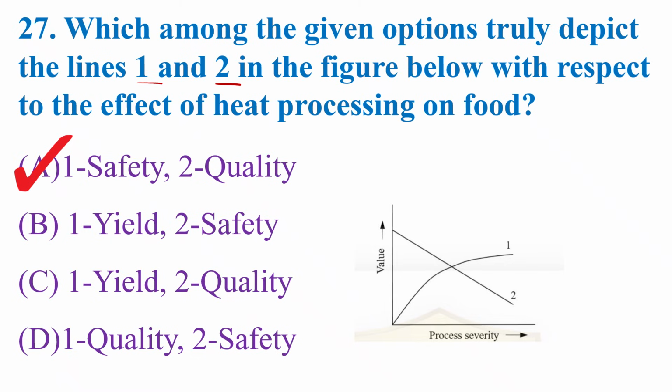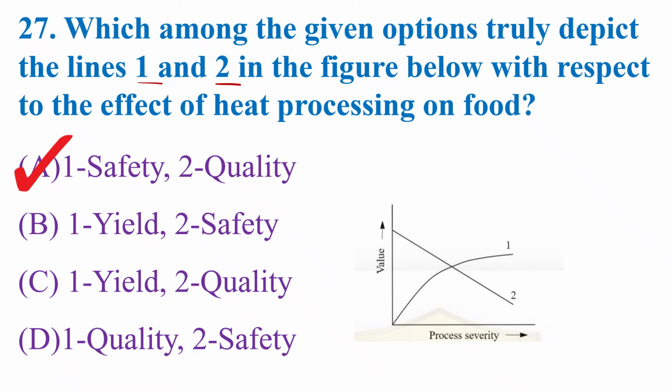Whereas the y-axis is about the value, meaning how much of something we have, like safety or quality. So line 1 is the curved line which is going up and leveling off. It means as the heat processing increases, our food safety is also increasing. Now as heat kills the microorganisms, the food becomes safer.